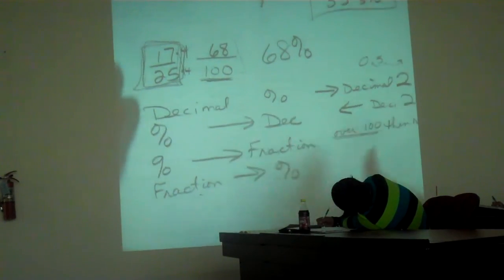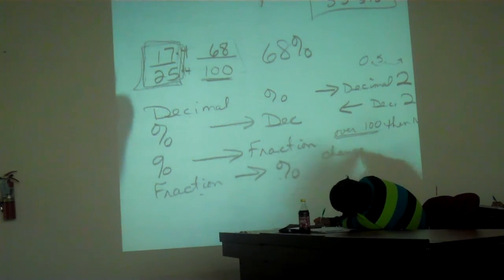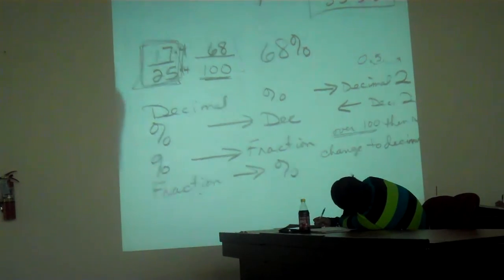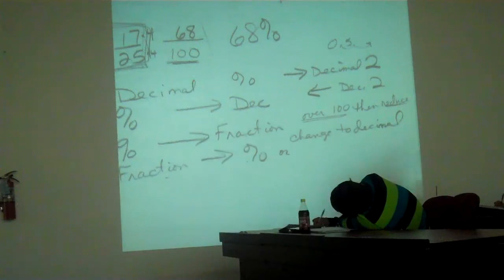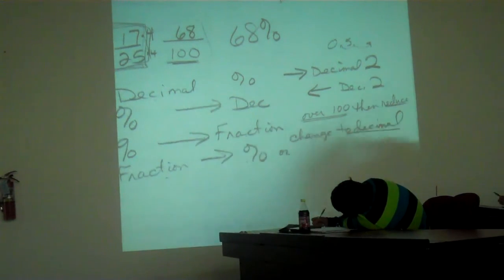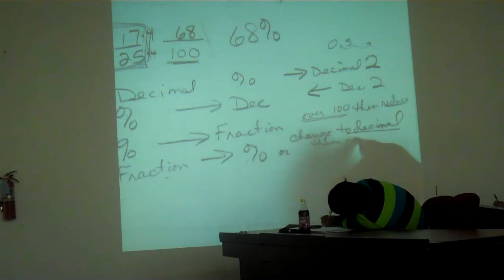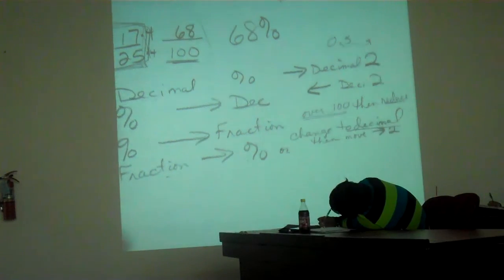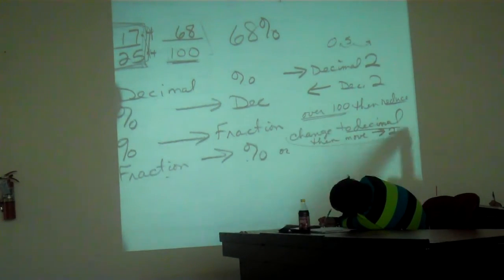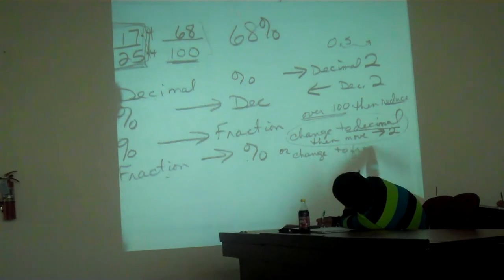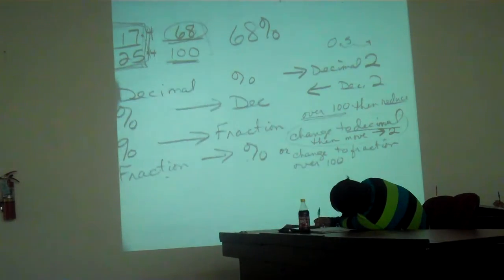So after you get the decimal, you'll move it to the right 2 times, right? So that's one way you can do it, or change to a fraction that's over 100. And then the top number would be your percent, right?